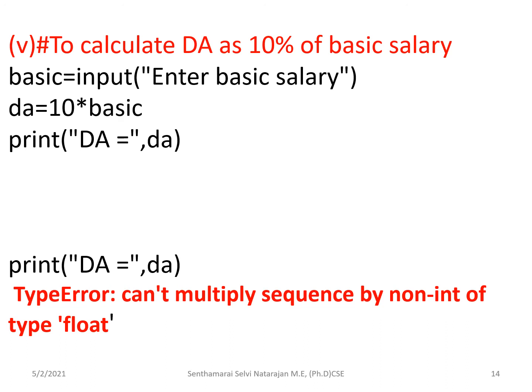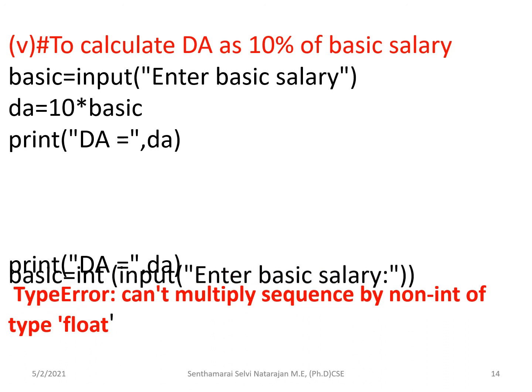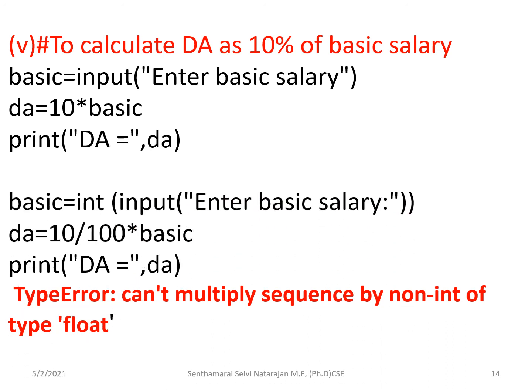So you have to make the input number an int value. You have to make it an int statement, int of input, enter the basic salary. And next you have to make the 10% of the basic salary. So here I have done the 10%, and then you can get the result.